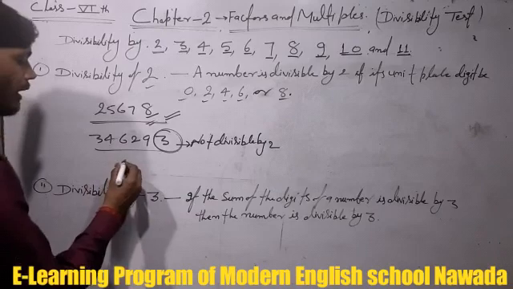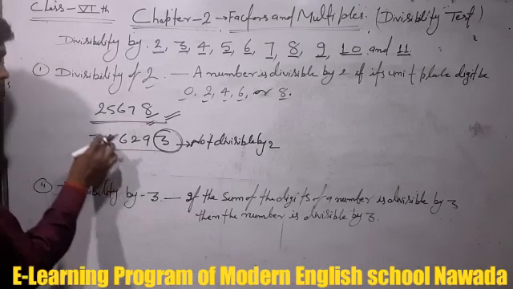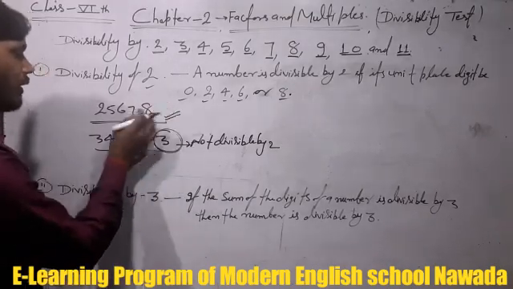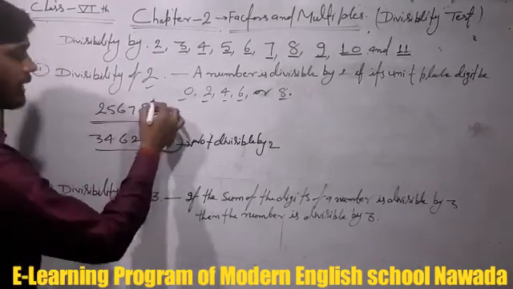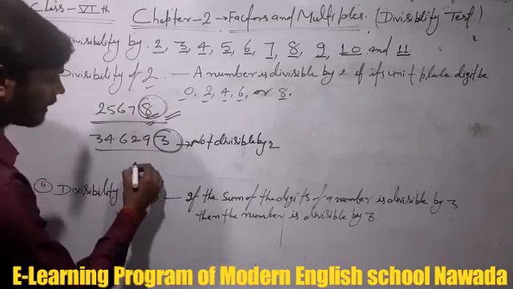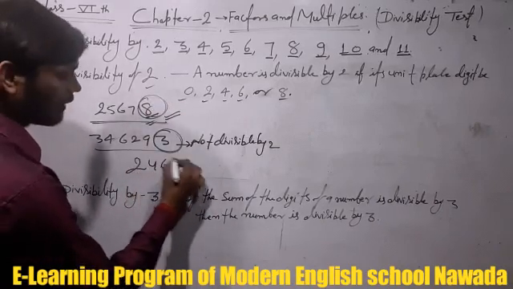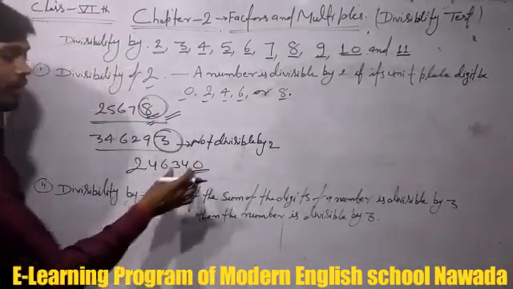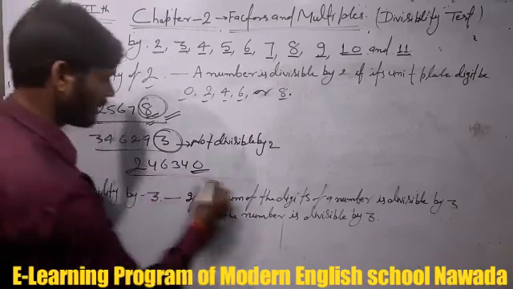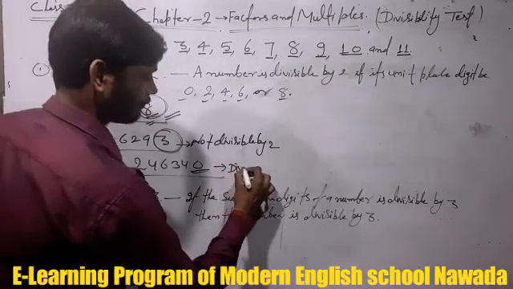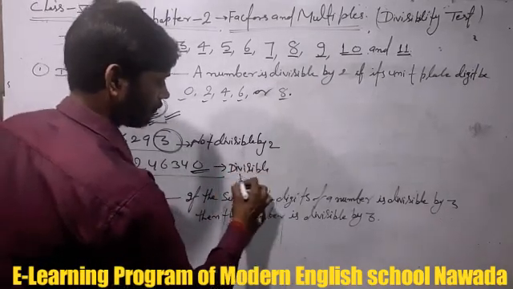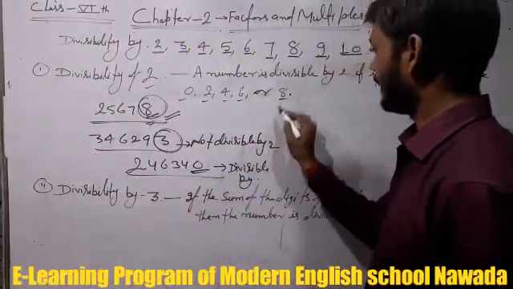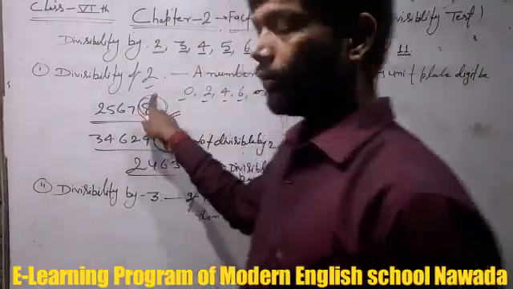Again I write another number, 246340. You have to observe only the unit place. Here the unit place is 0, so this number is divisible by 2. I think, students, you understand the divisibility of 2.